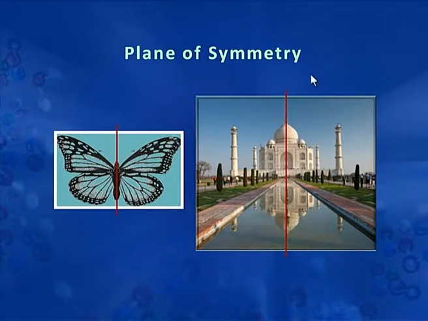So these lines which have been drawn here in red color, if we put a mirror here, we will find that one half of this monument will be mirror image of the other half, or one half of this butterfly body part will be exactly the mirror image of the other half. So there are many other objects also we see which contain a plane of symmetry.